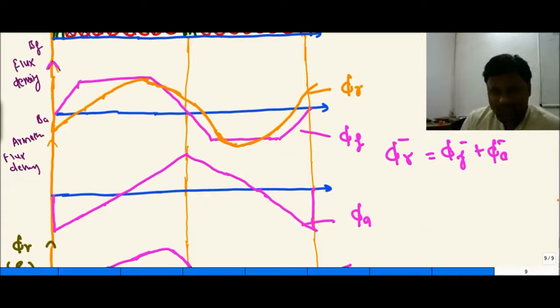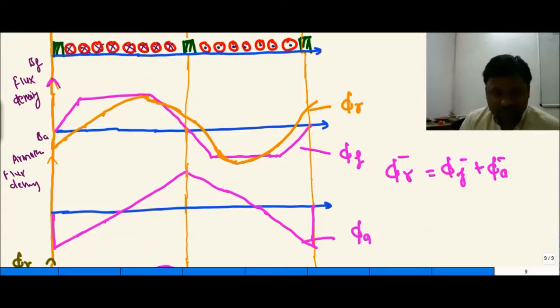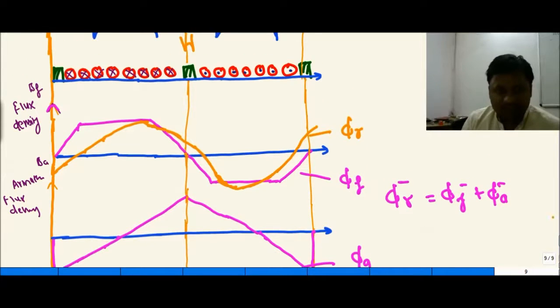We have seen that this is the waveform for the flux density. It is zero at the interpolar axis. There is no induced EMF, no flux at the interpolar axis. Similarly, the armature flux is maximum at the interpolar axis. But the resultant waveform is distorted like this.